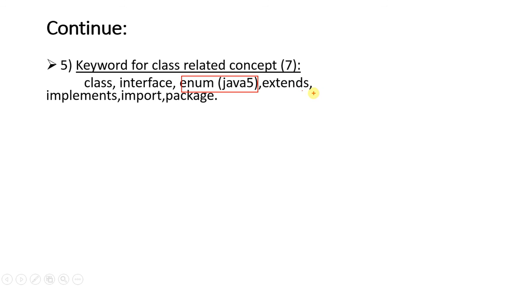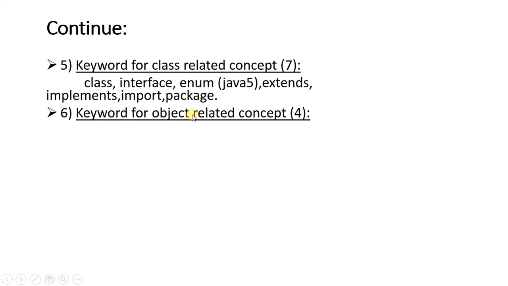The extends keyword is used in the inheritance concept. Again, the implements keyword is used in the interface concept. So these three are very important keywords in Java, along with packages. In the next future videos, I will describe all the keywords in detail. Next category, keywords for object related concepts.